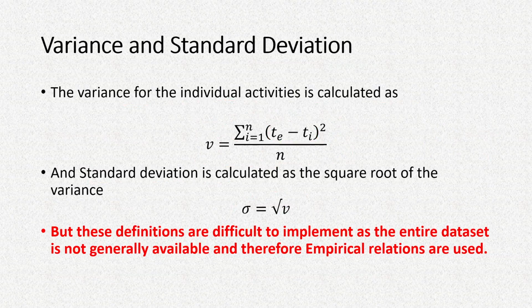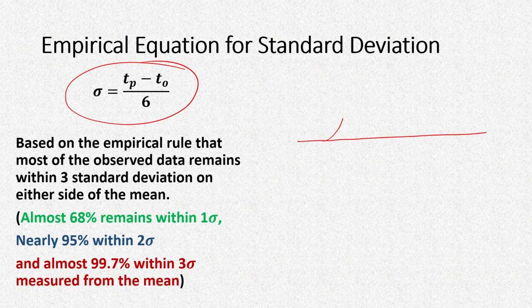So if we have a normal distribution like this, then it is found empirically that if we have a mean somewhere here, then most of the data will be within 3 standard deviations from the mean. So one standard deviation is somewhere around here, and it is found to be true for all variables which are normally distributed.